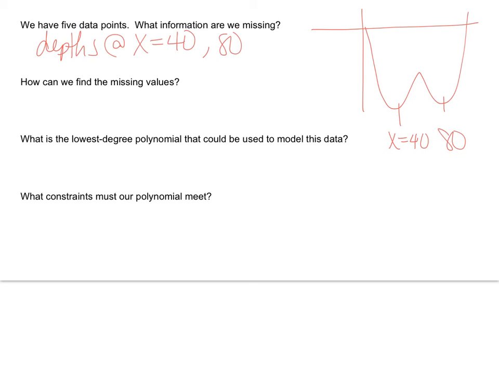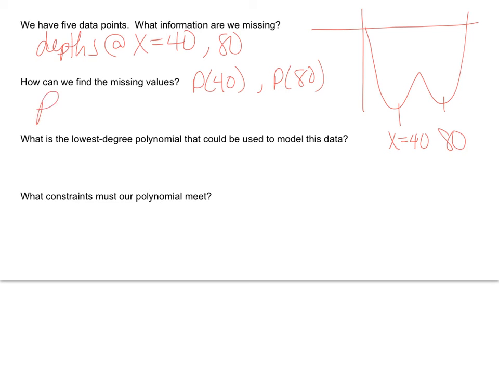If we had a polynomial function, p, that fits the given data, and then we use that equation to find p of 40 and p at 80, that would give us a good estimate of the depths.